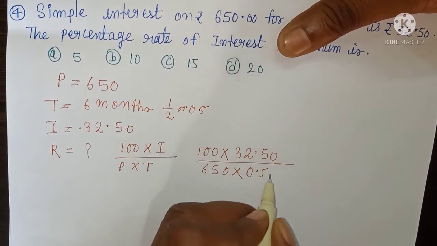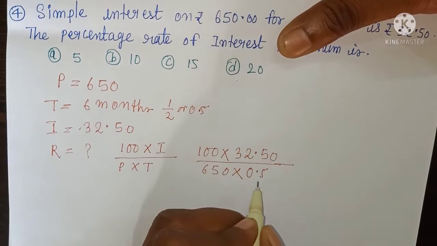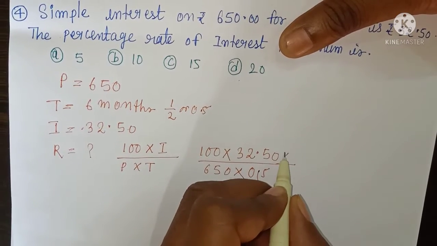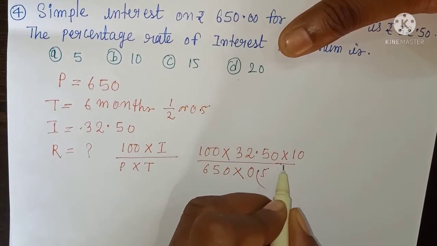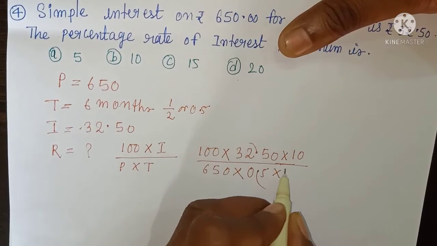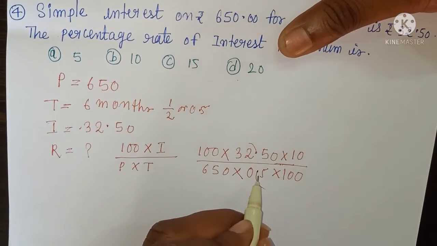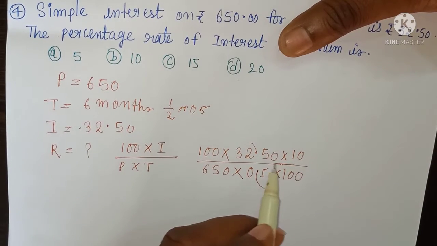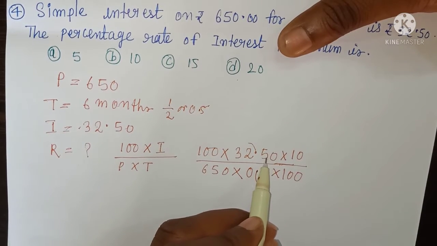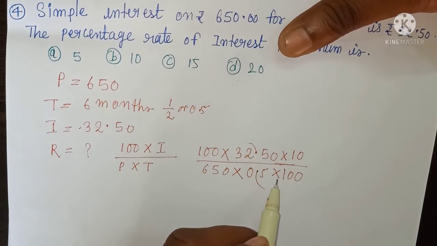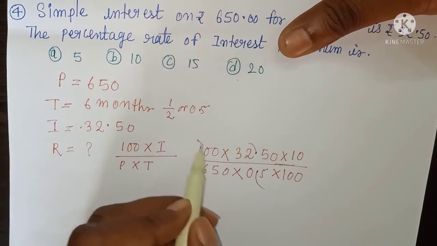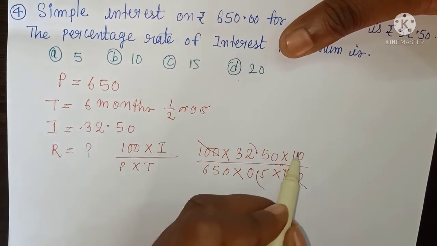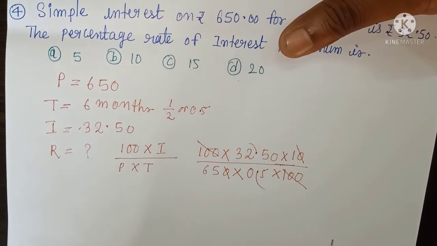Now I have to remove the decimal. I have to multiply by 10 because there is 1 digit after the decimal, and by 100 because there are 2 digits after the decimal. This 100 cancels and 10 to 10 cancels.